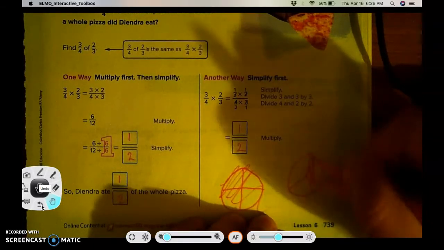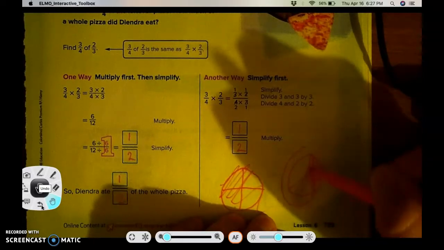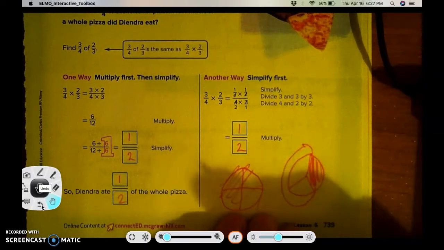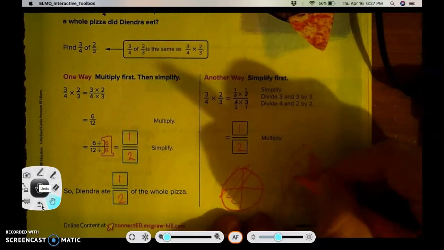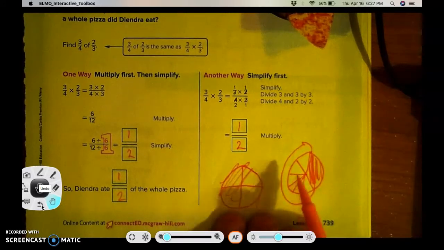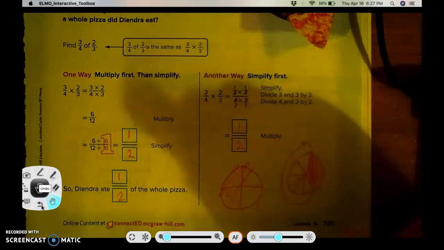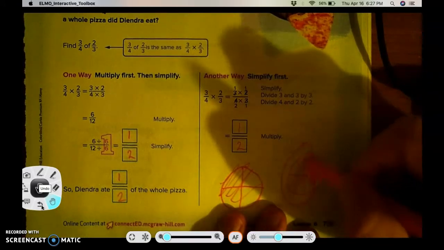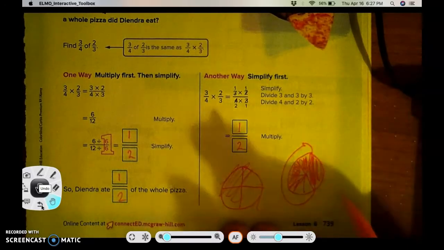So he ate this part of it. So they were looking at this part here, those 2/3, and she ate 3/4 of it. So we split it into about 1, 2, 3, and 4. We're going to pretend those are kind of equal pieces. So she ate 3/4 of that. So she ate 1, 2, 3. So she ate about half of the whole pizza.